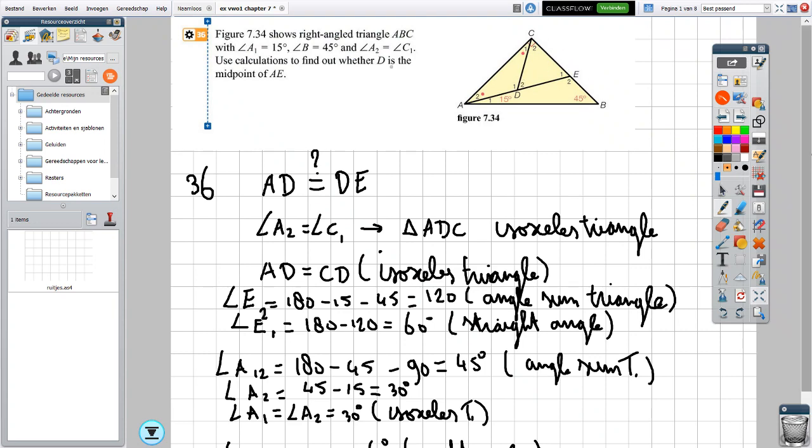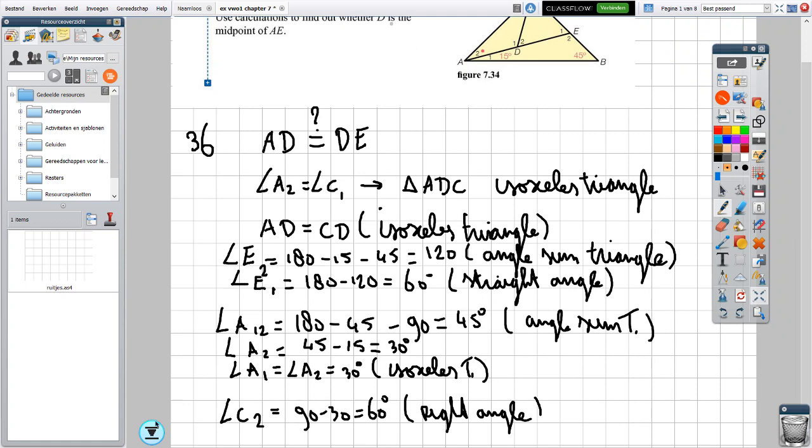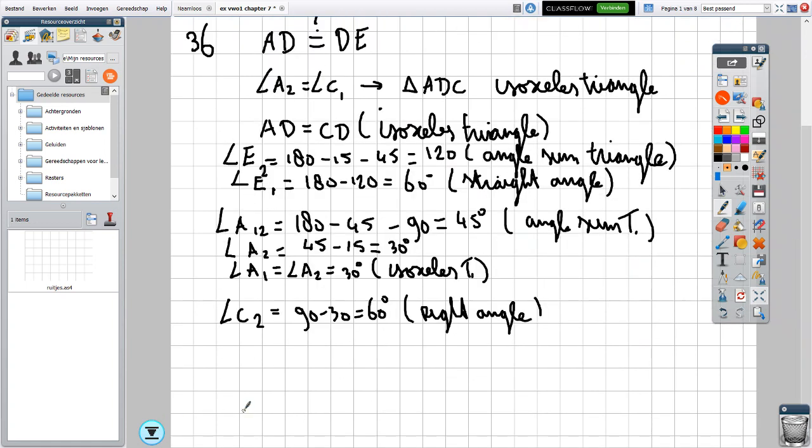Now I can calculate D2. I have to create a bit more space for myself. That means angle D2, I now use the angle sum method: 180 minus 60 minus 60 is 60 degrees, because of the angle sum of the triangle. Let's abbreviate that.